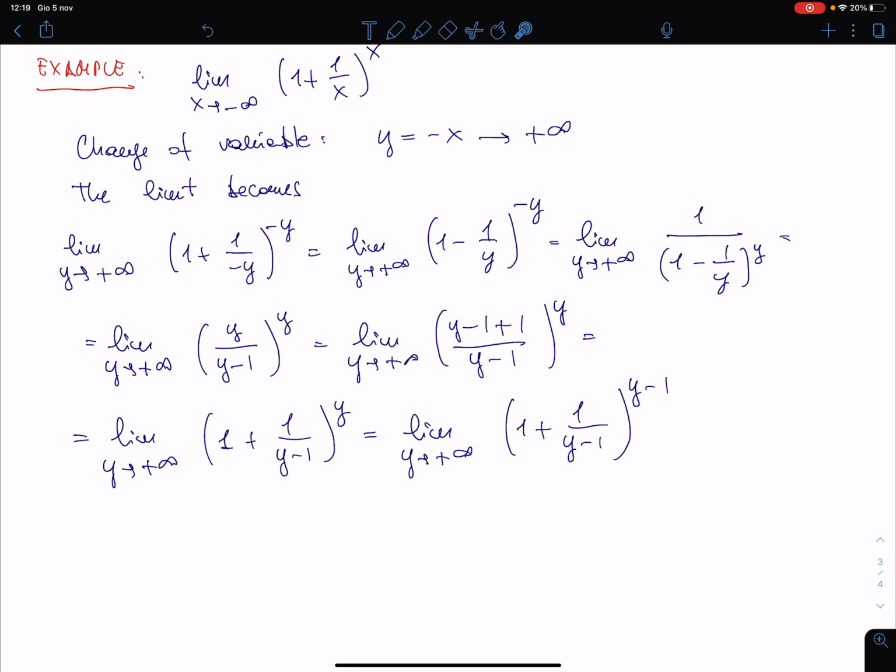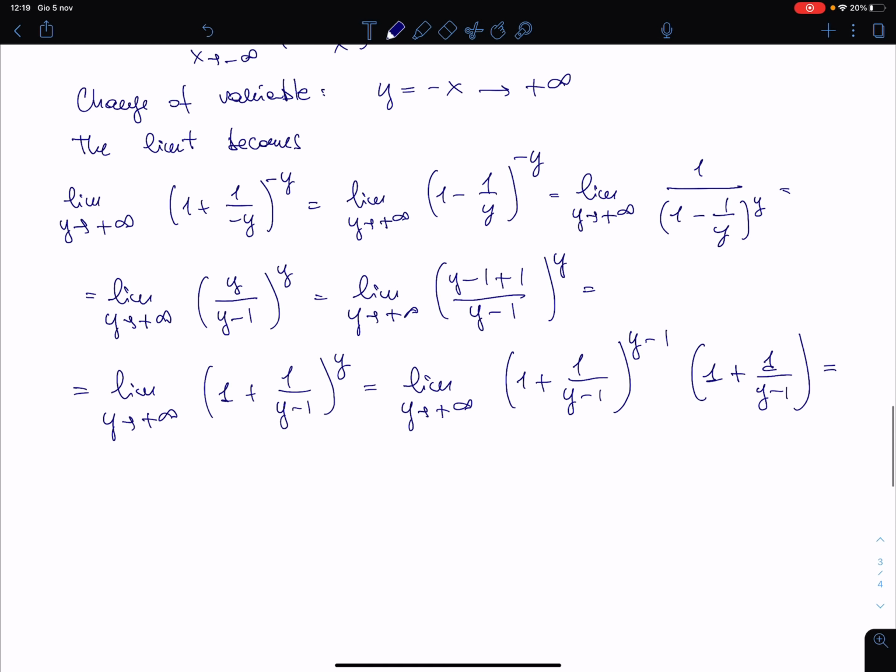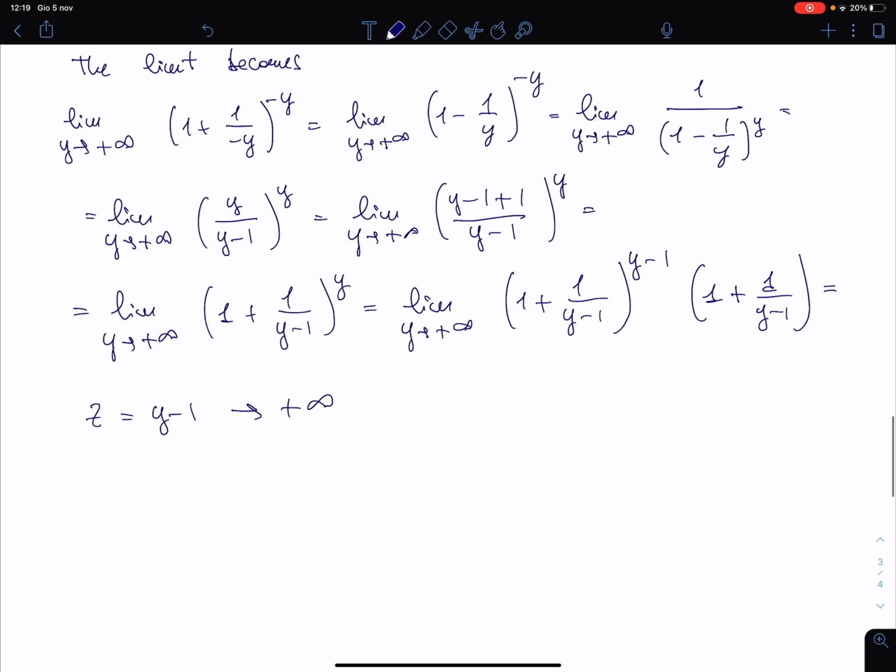And again, another passage: the limit for y going to plus infinity of 1 plus 1 over y minus 1 to the power y minus 1. We are trying to reconstruct the original limit that gives you E, and here we add another factor, 1 plus 1 over y minus 1. Now we can change the variable and introduce zeta equal to y minus 1, and of course zeta goes to plus infinity since y goes to plus infinity.